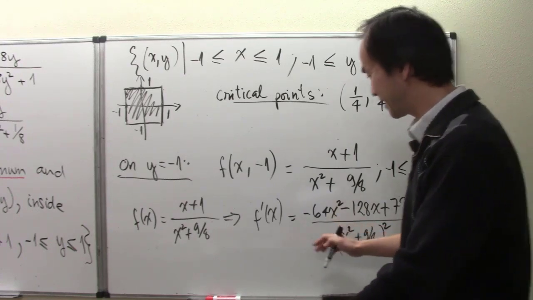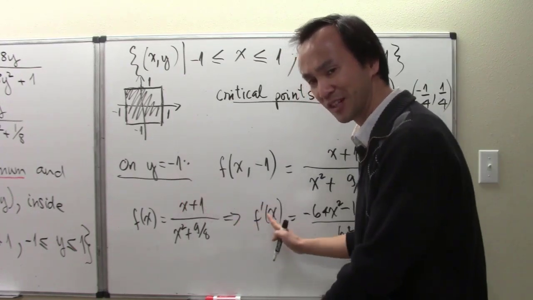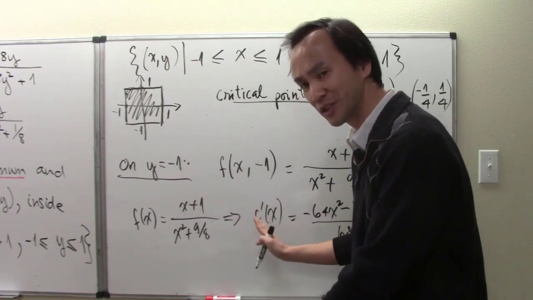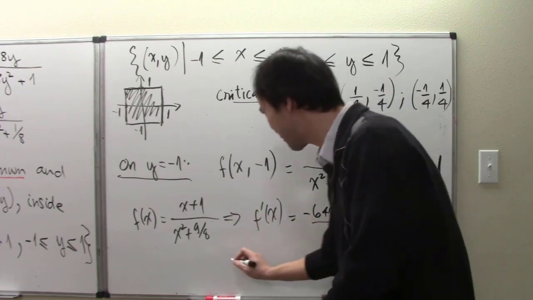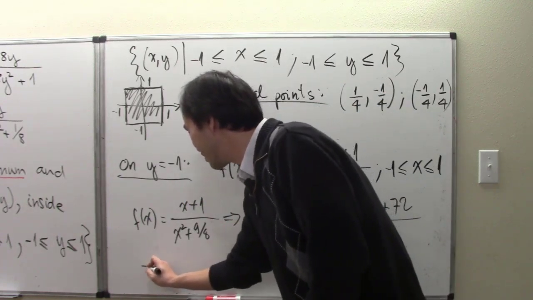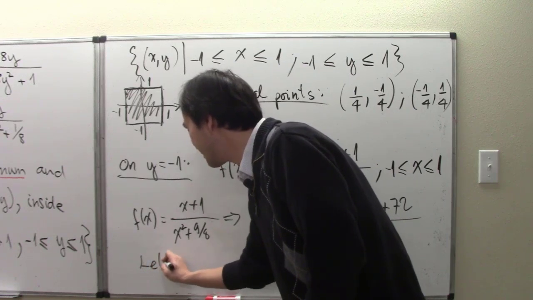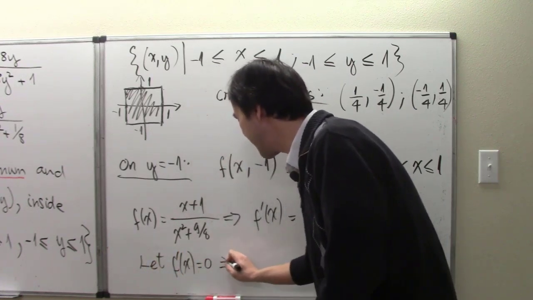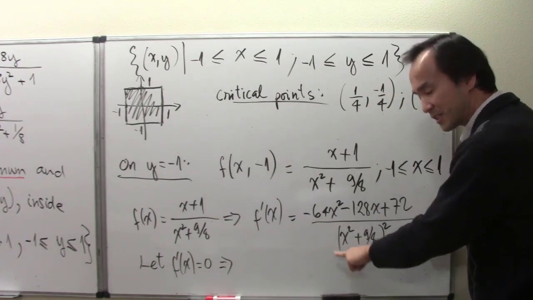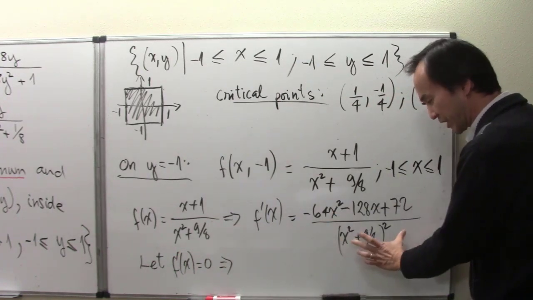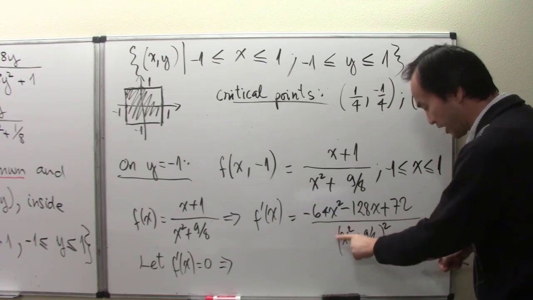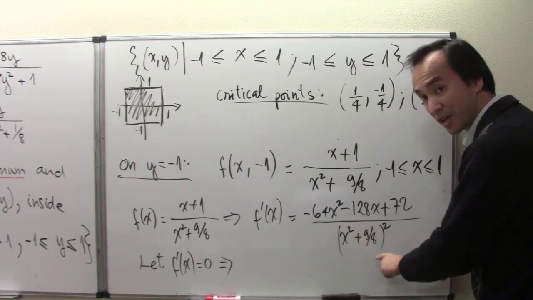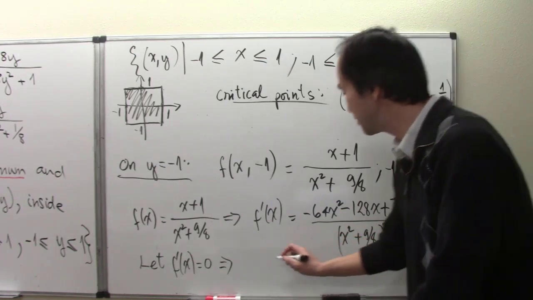Okay, and then in the later ones, I won't have to get too far into this detail. I just want to explain for you. This is the standard process right here. And so we're gonna let f prime equal 0. That means this entire f prime right here will be set to equal 0. But since the denominator here is already a non-zero quantity and positive always, it leads to the following equation.